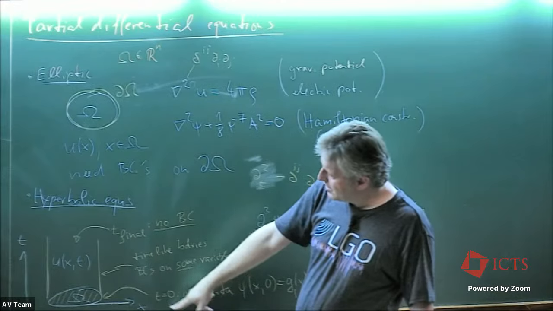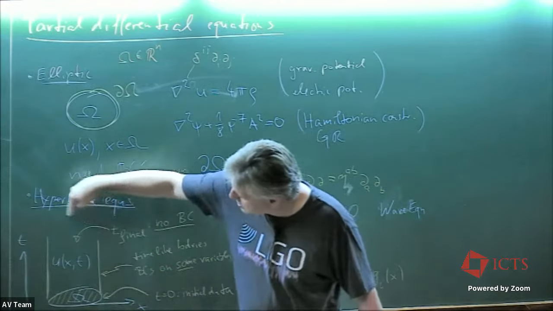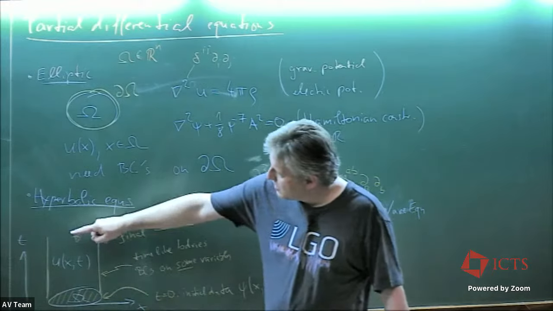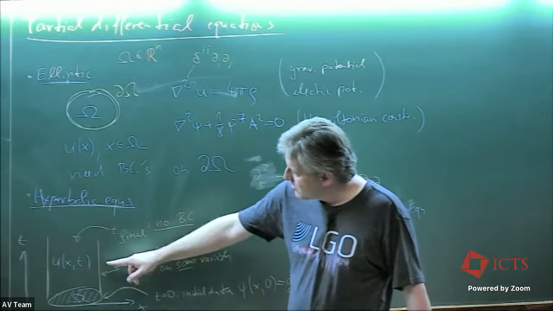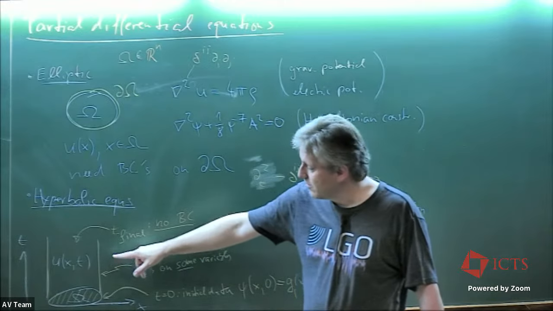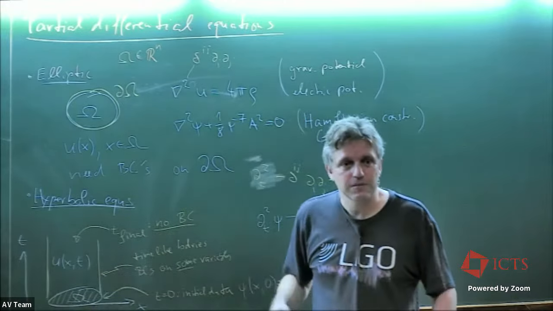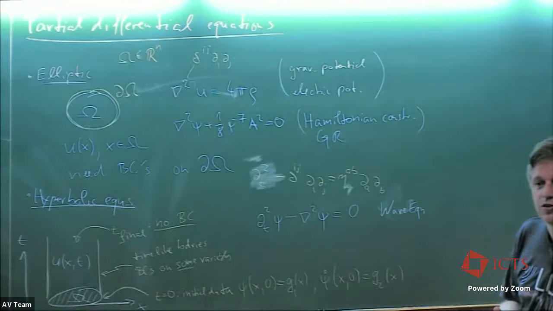Here we have some parts of the boundary of the space-time volume where we have many boundary conditions, some where we have none, and others where we have some, and the number that we have to pose over here might actually change during the evolution as well, if the situation is complicated enough.